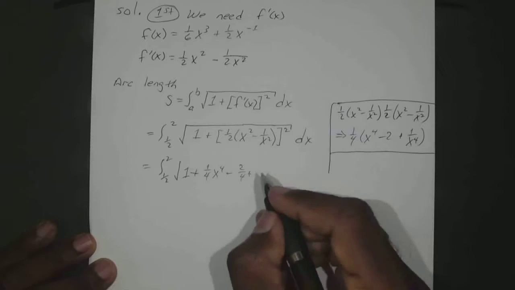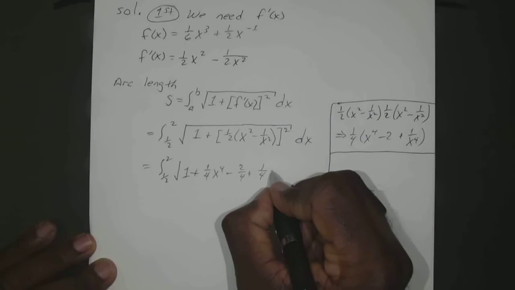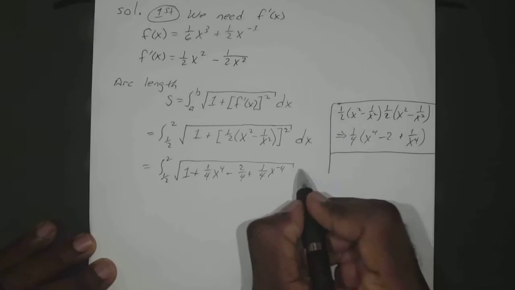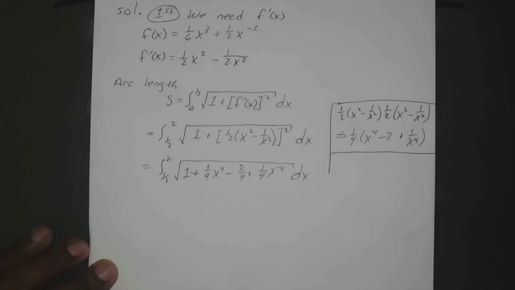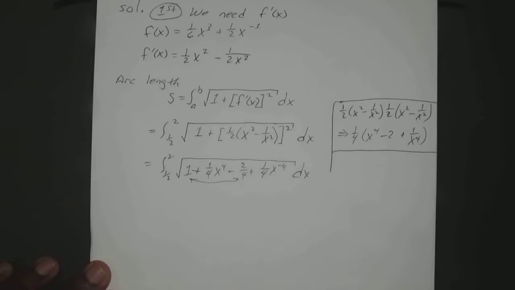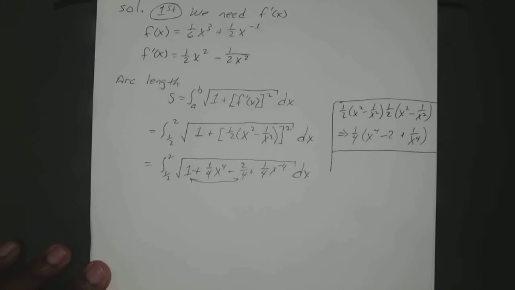Plus 1 over 4x to the 4th. Or we can make that, yep, x to the negative 4 dx. Okay, so if we combine our like terms there, we end up with 4 over 4 minus 2 over 4, which is 2 over 4.